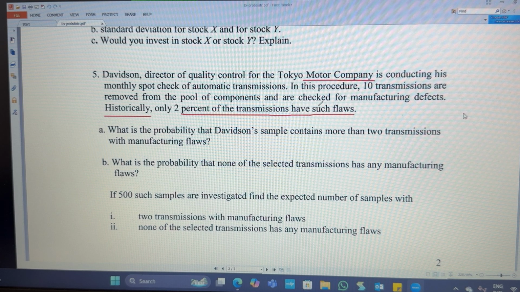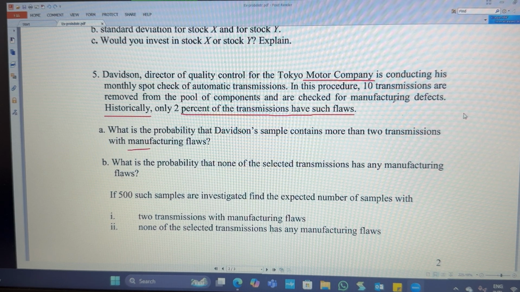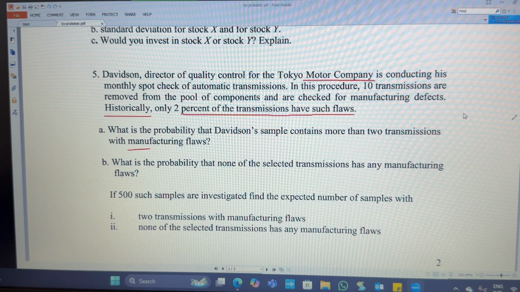Now here we may apply the binomial distribution because you have defects. You try to find the manufacturing defects of the transmissions.